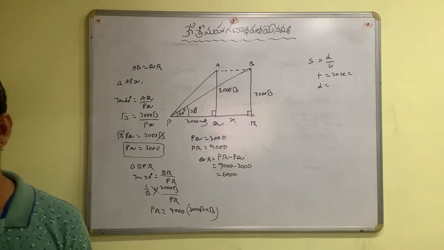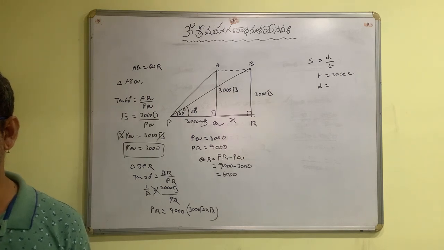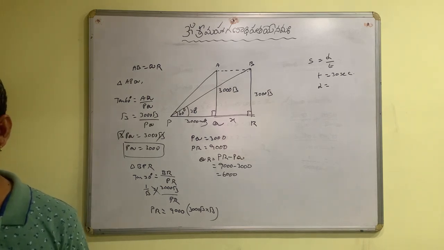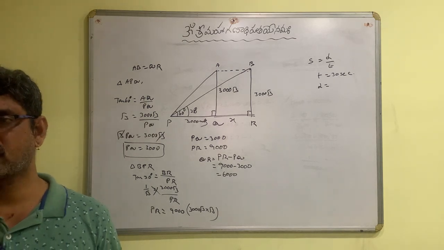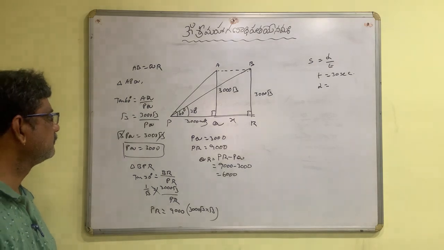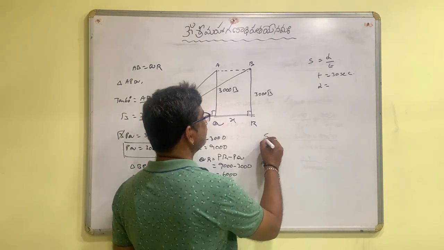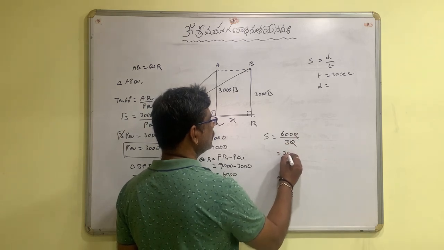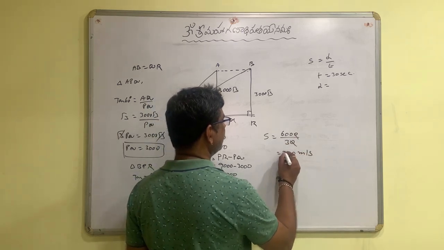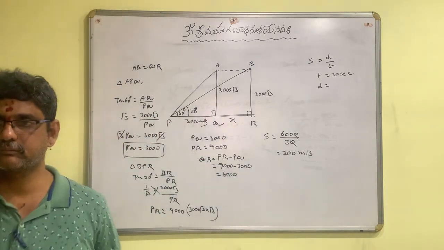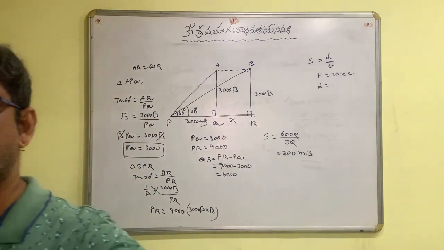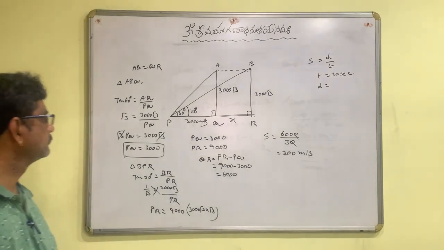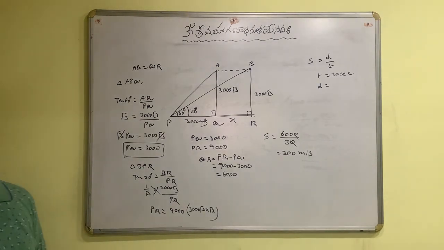Yes, 200 meters per second is the correct answer. So the speed of the aeroplane is 200 meters per second.